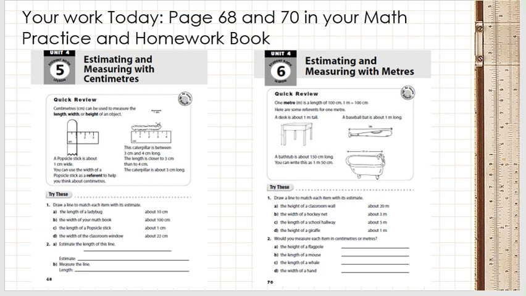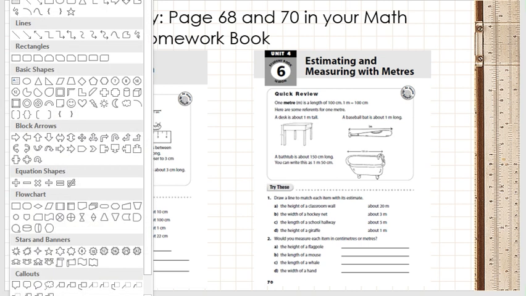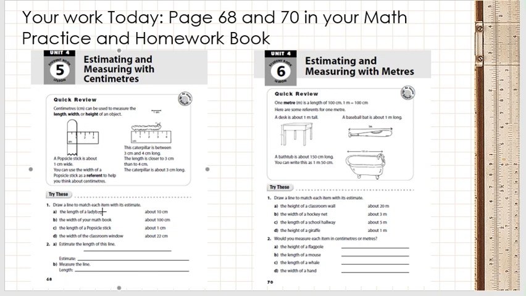So for the first one, you are just drawing a line to match each item on both sides. They are the same. So you need to figure out how long some of these things are, and then all you're going to do is draw a line. So if I wanted to start off with my ladybug, okay, a ladybug is pretty small, but my math book is a little bit wider.